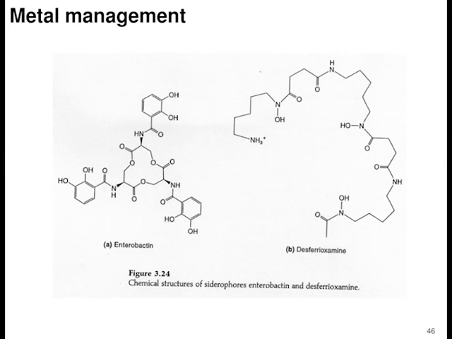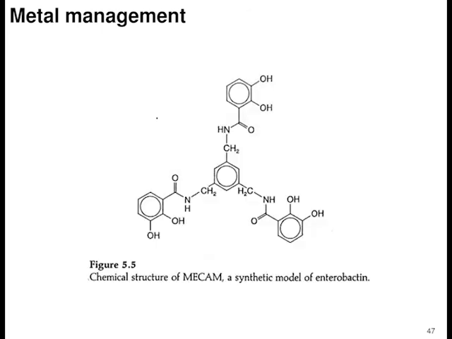Okay. Same thing here. So the functional groups responsible will be your binding sites. Okay, so I can give you some structures that are complicated, but you need to identify the donor atoms.